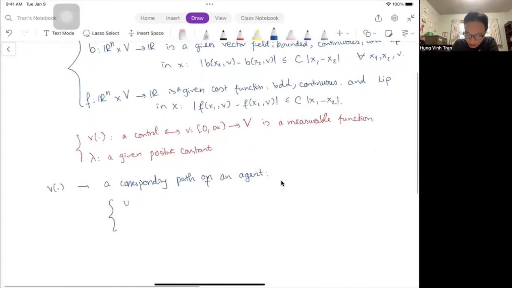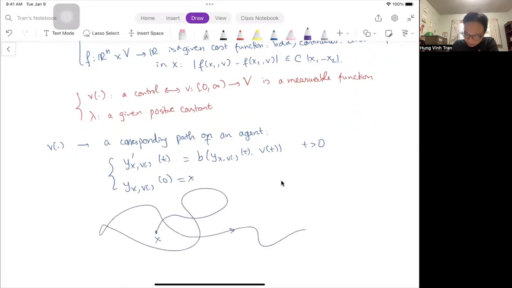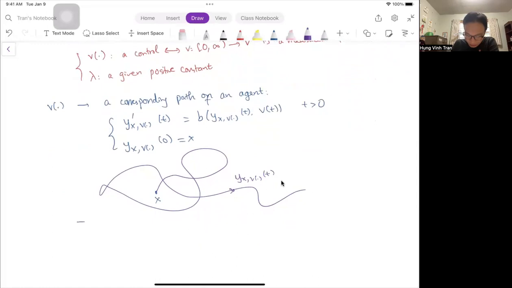That is, y_x(t) represents the position at time t, y_x'(t) equals the vector field B(y_x(t), v(t)) for any t greater than 0, and at the beginning, you are starting at x. So you start at x, and the vector field drives you circulating around. This is your position at time t.